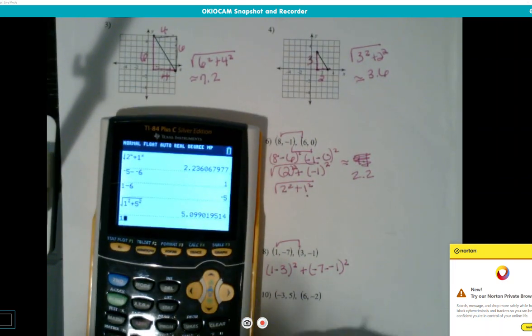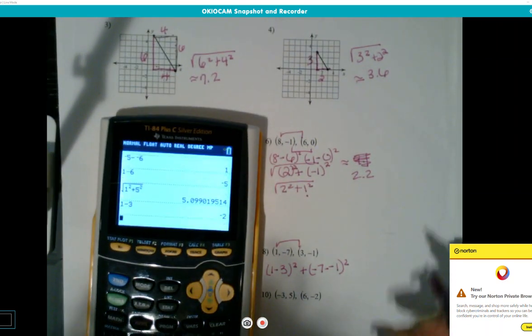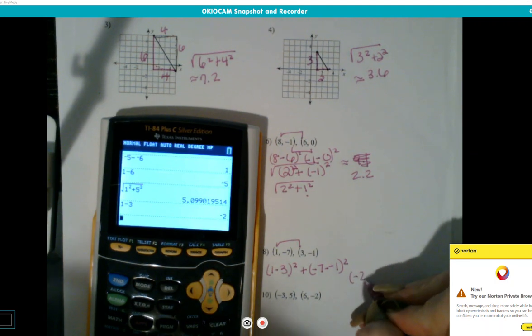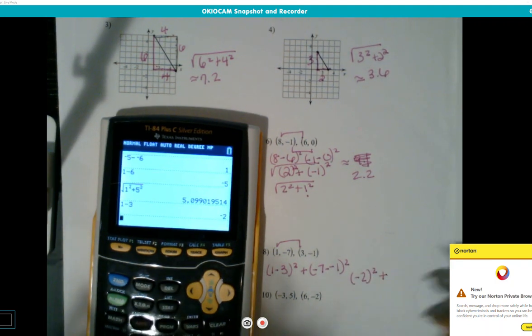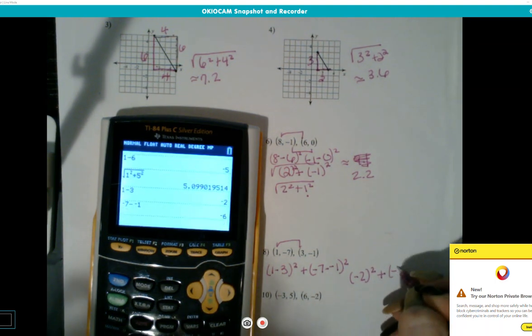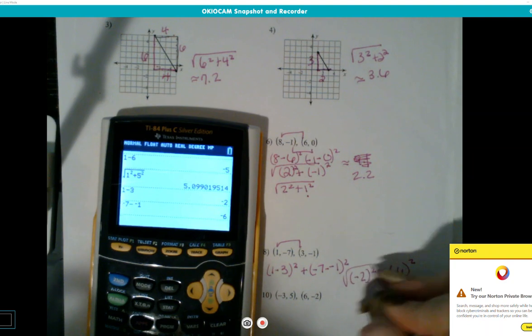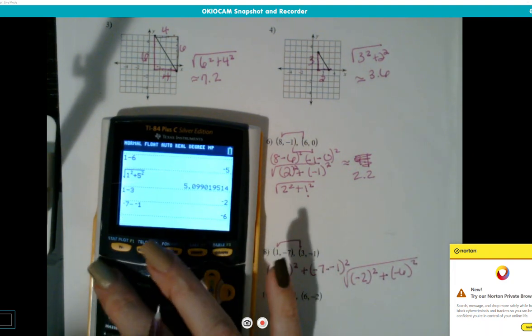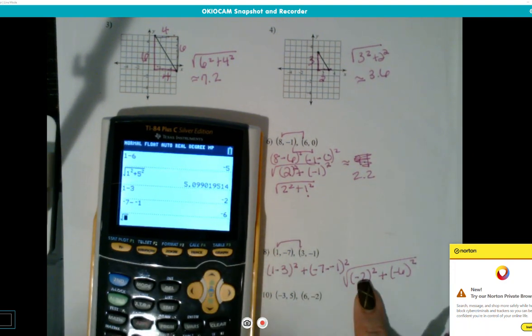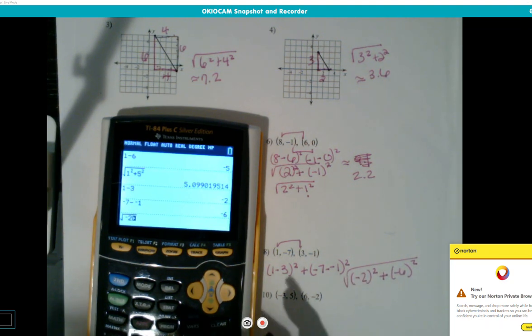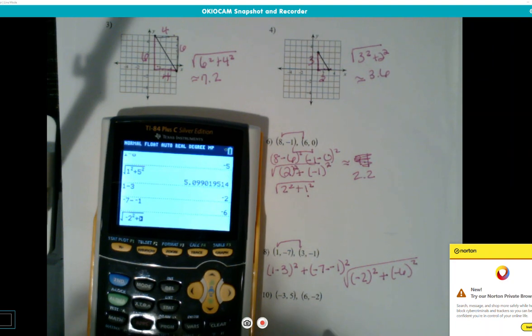If I do this, 1 minus 3, that's -2, and I square it, plus, and then -7 minus -1 is -6, and square it. Now, if you do this and don't take off the negatives right here, without the parentheses, your calculator will make you miss it. Watch what happens. -2 squared, I'm going to put it in without parentheses to show you, plus -6 squared.